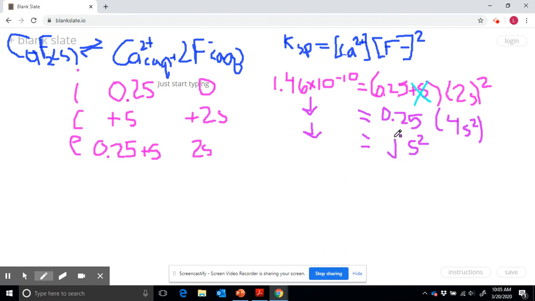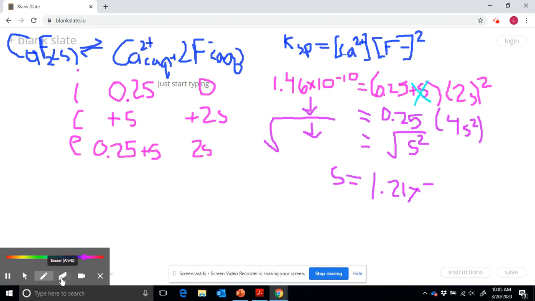So now we can take the square root of both sides. I'm taking the square root of the 1.46 times 10 to the negative 10. So S now equals 1.21 times 10 to the negative 5th, and this is molarity, right?